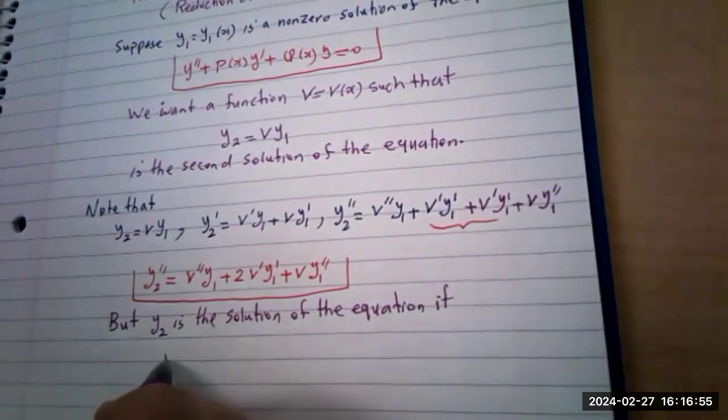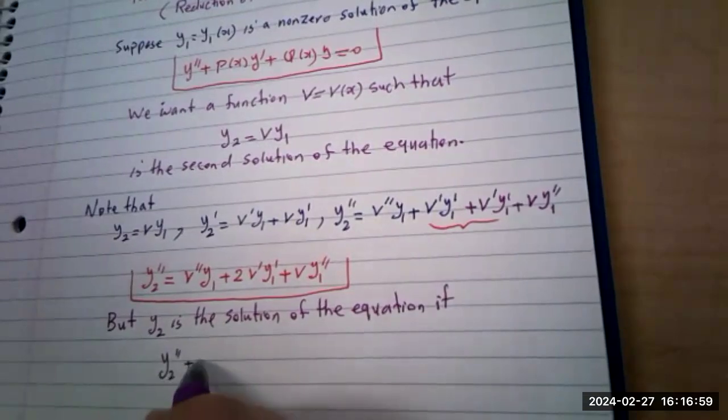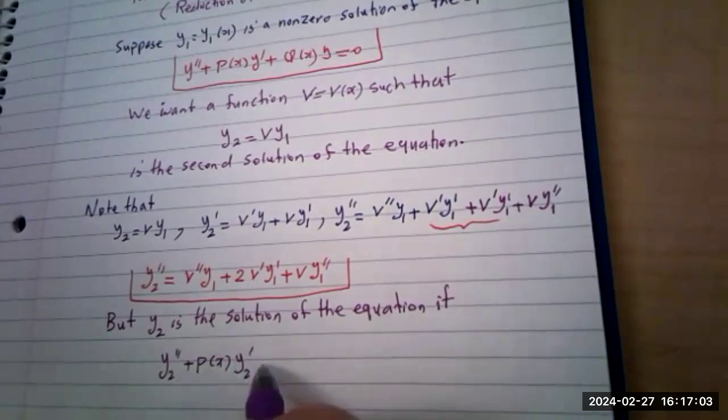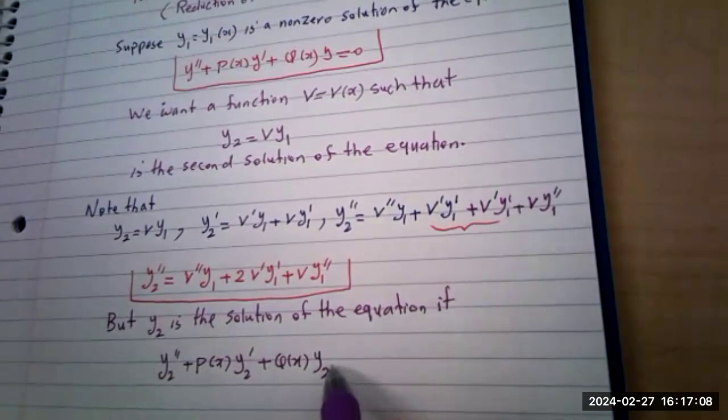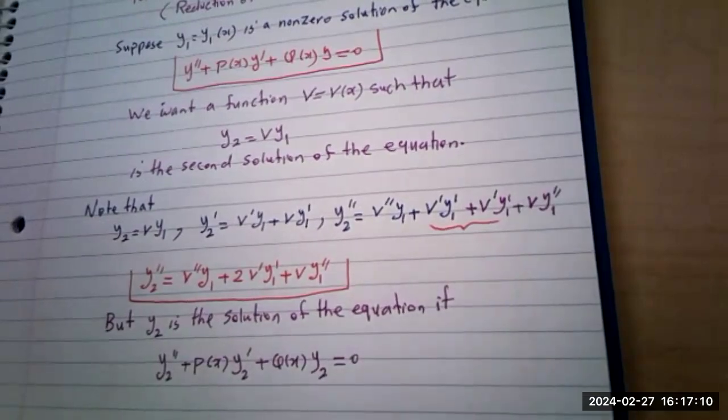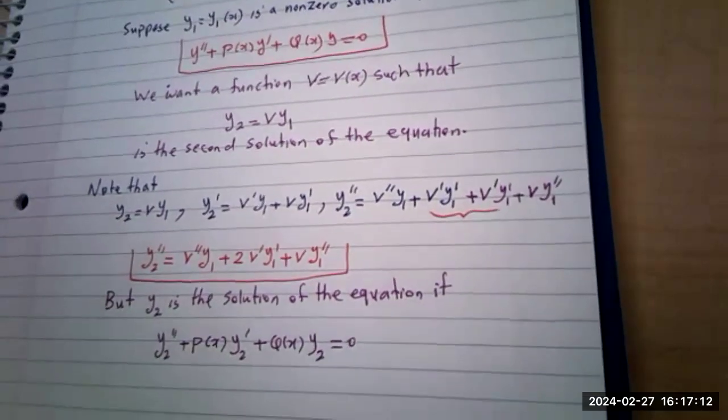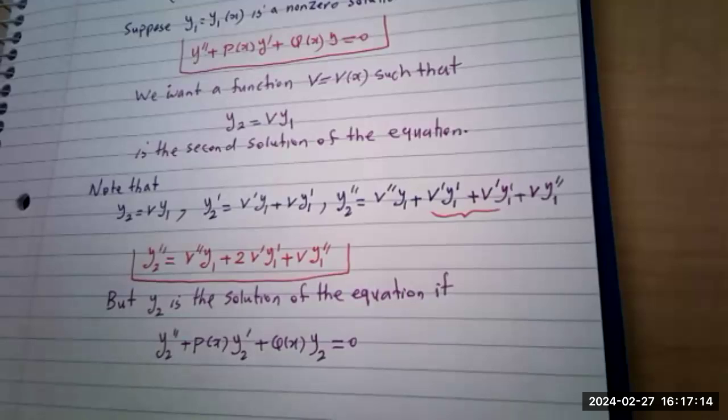Satisfy the equation means you should have y2 double prime plus px times y2 prime plus qx times y2 equal to 0. Because this is the solution of the equation, it satisfies the equation. Now carefully substitute for all of them.